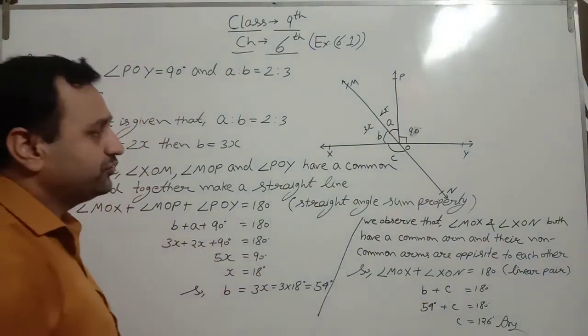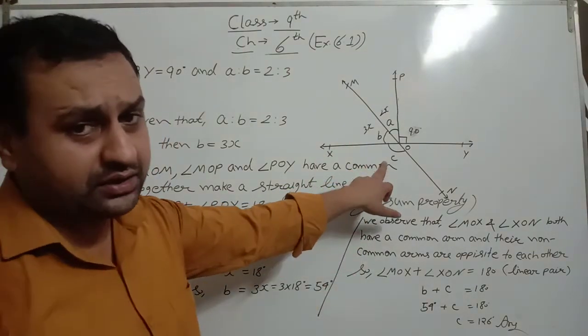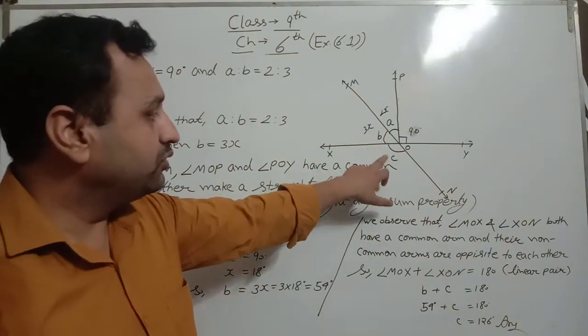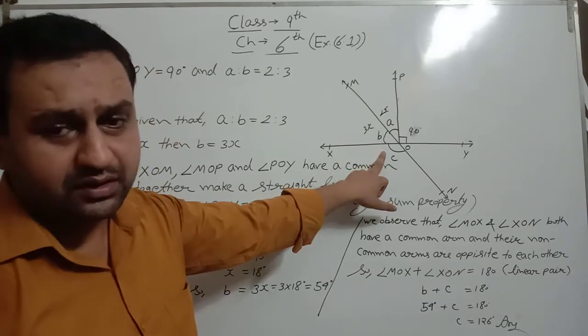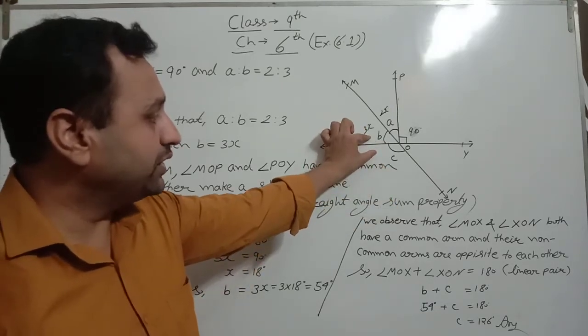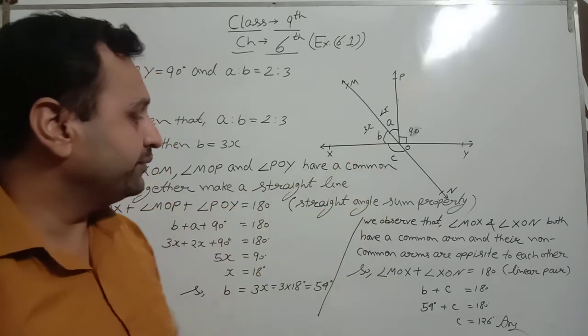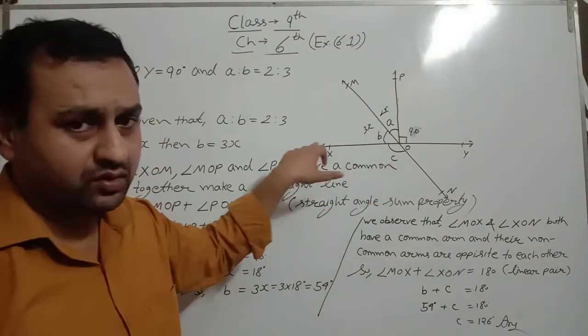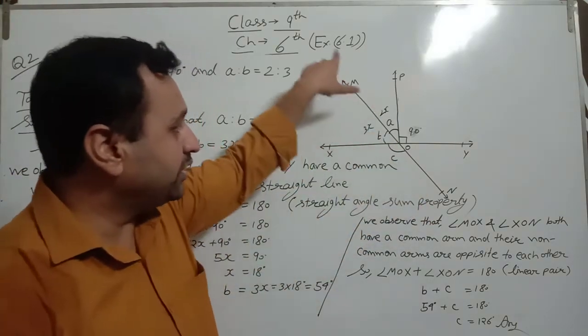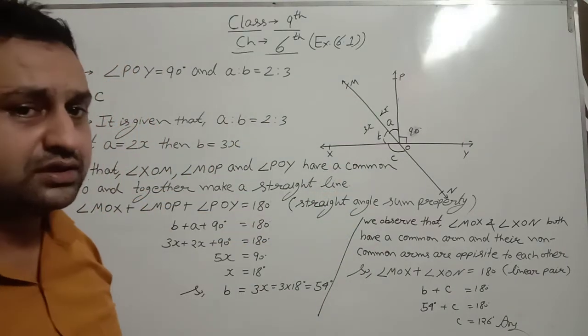This angle is 54 degrees, but we have to calculate C. Now these two angles have a common arm and their non-common arms are opposite to each other.